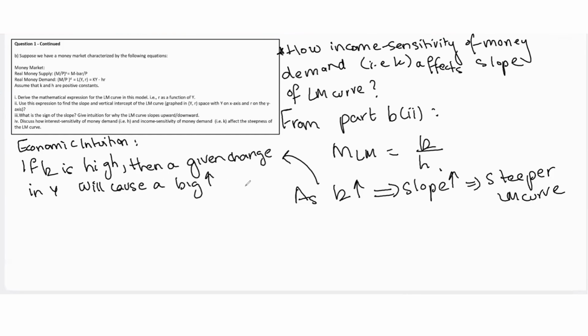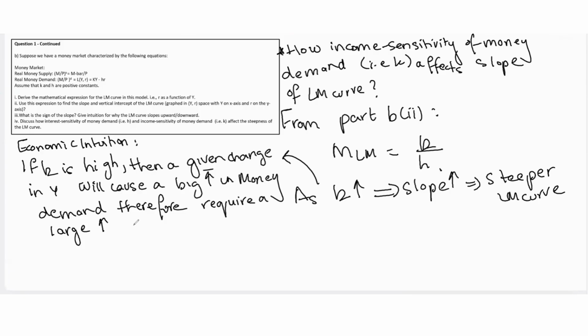Because obviously money demand is more sensitive to income, so when you increase income, it will cause a big increase in money demand and therefore require a large increase in R to restore money market equilibrium.